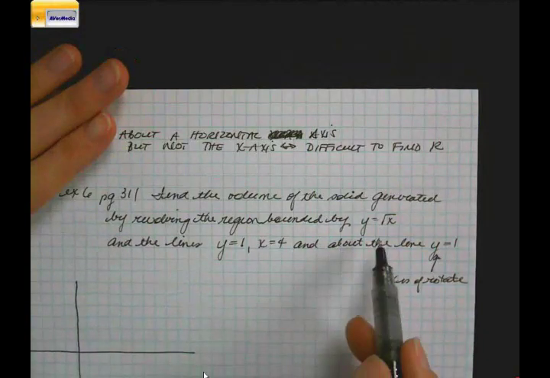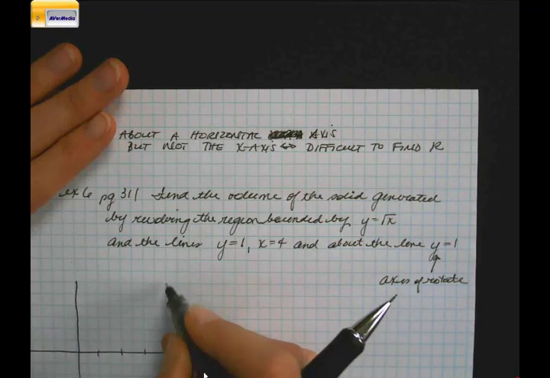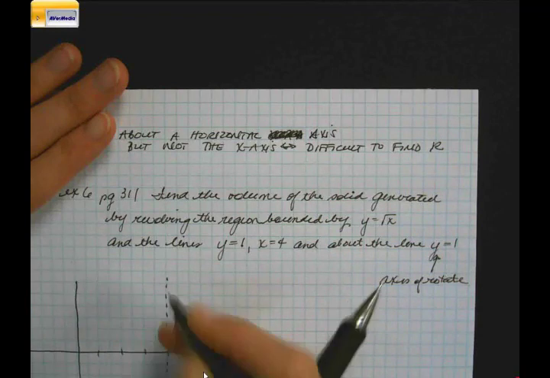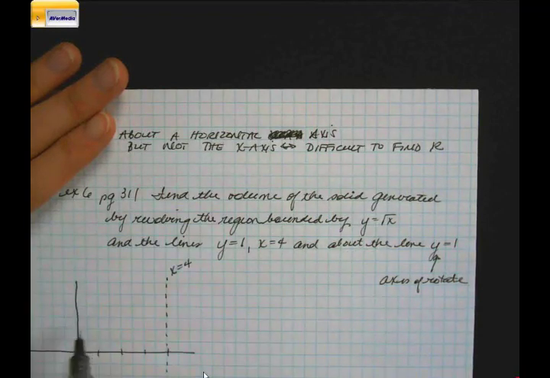Okay, so we have y equaling the square root of x. And you have y equaling 1 and x equaling 4. Here's my x equaling 4, which is a vertical line. Here's my y equaling 1, which is my horizontal line.